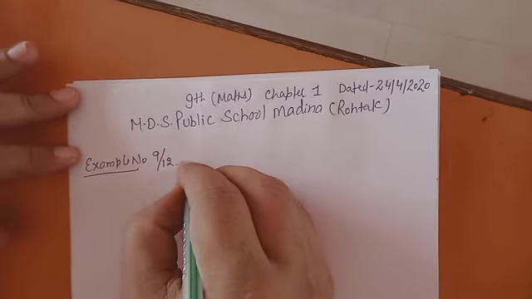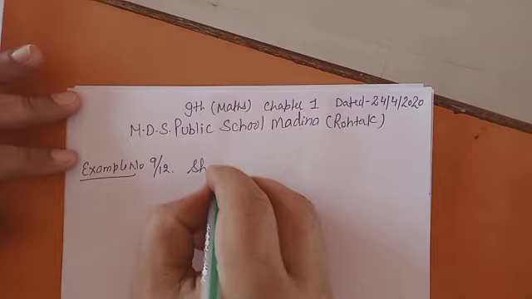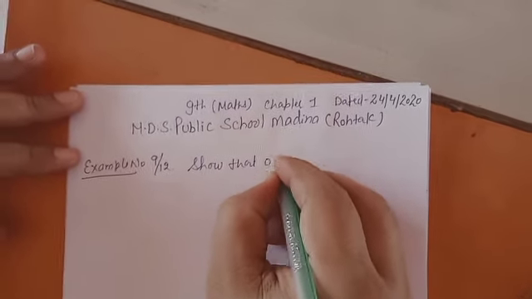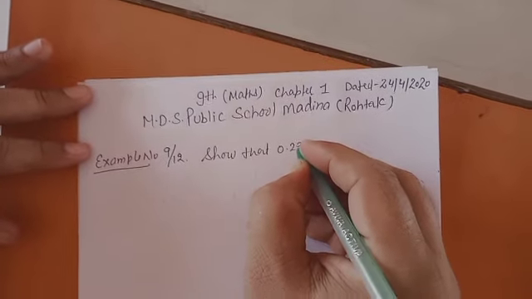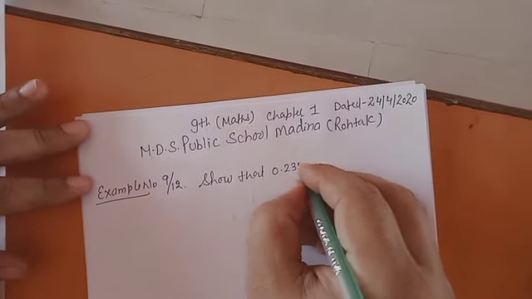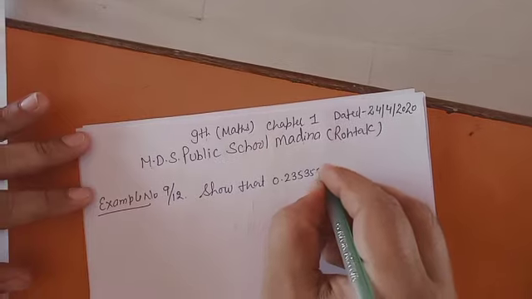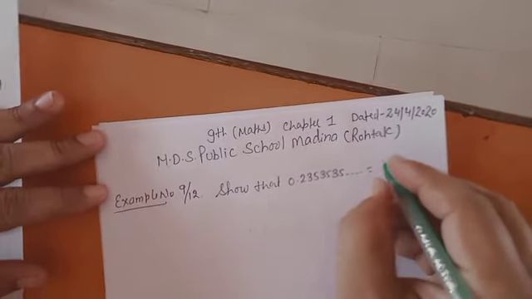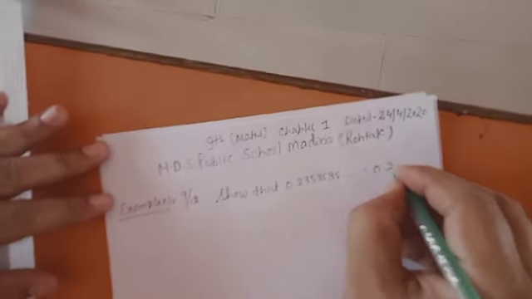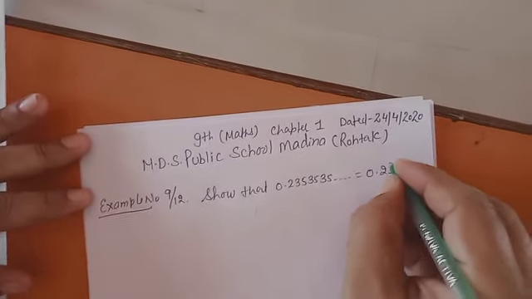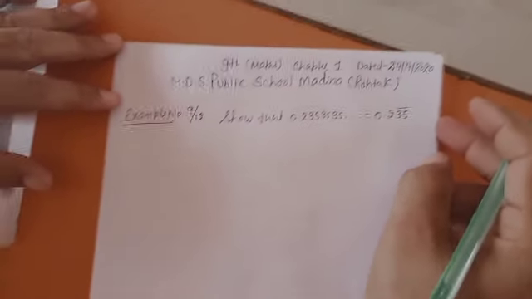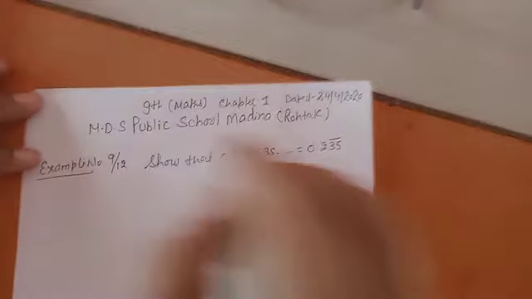What's given? Show that 0.235335 continue like this is equal to 0.23 with bar on these two numbers. Why? Because these both numbers are repeating again and again.